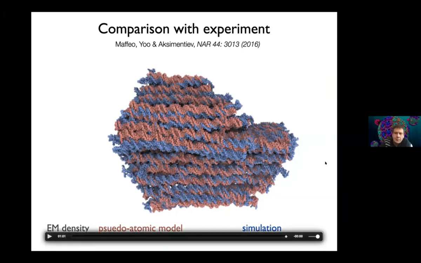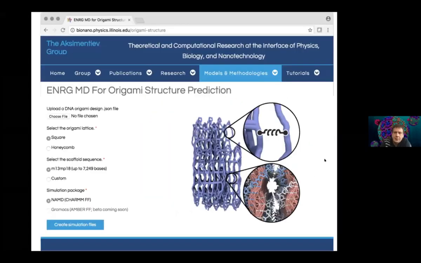The problem was that that was a hero simulation that only we could do, and it's definitely not something you would use to design structures, because no one has a petascale system in their back pocket. So that's how we came up with this method called energy MD. What it stands for is elastic network restraint guided molecular dynamics simulations.